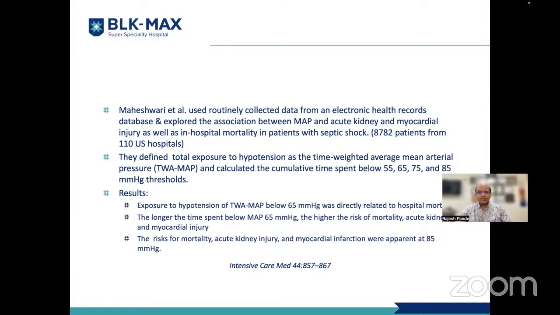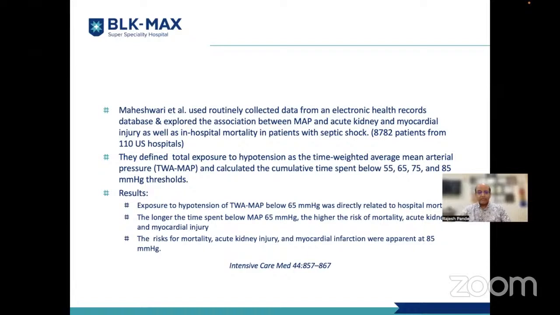They defined total exposure to hypotension as time-weighted average MAP and calculated cumulative time spent below 55, 65, 75, and 85 millimeter thresholds. What they found was that exposure to hypotension, that is time-weighted average MAP below 65, was directly related to hospital mortality.